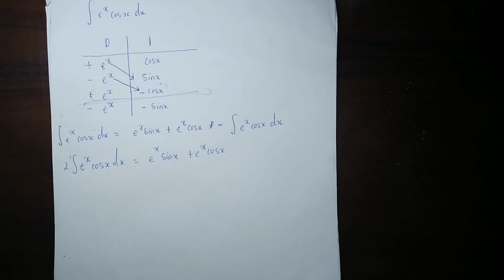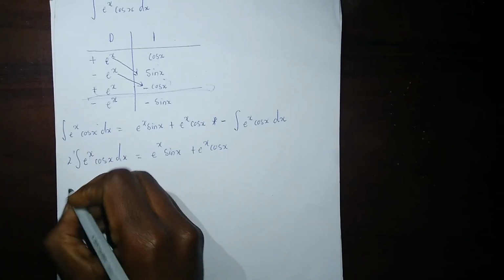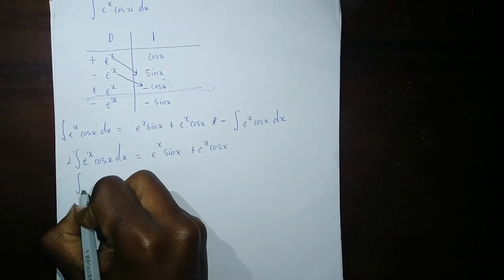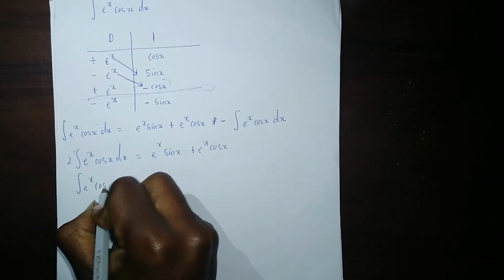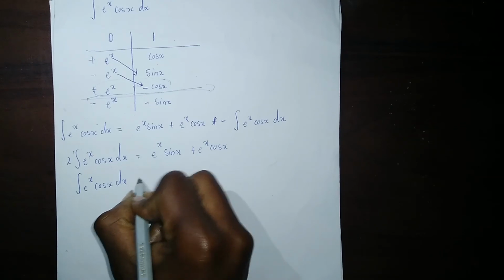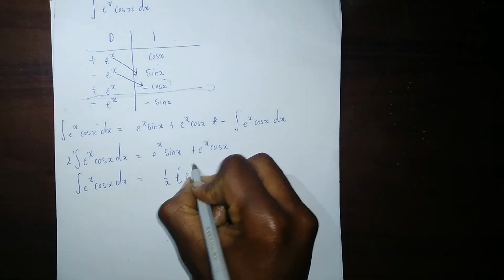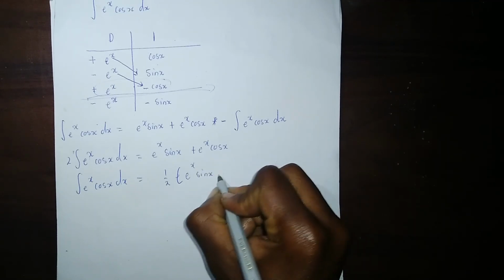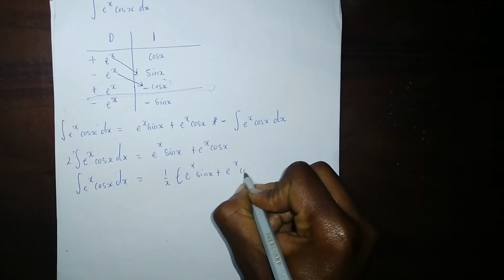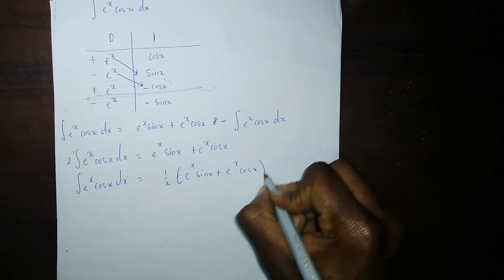But our question is saying integrate e to the power x cos x dx. So we are going to divide by 2. Integral e to the power x cos x dx is equal to half e to the power x sine x plus e to the power x cos x plus c.